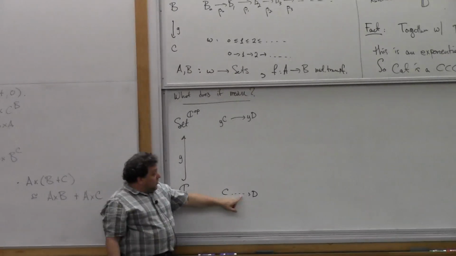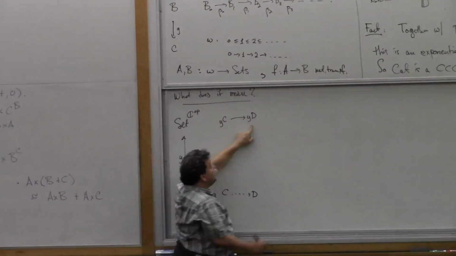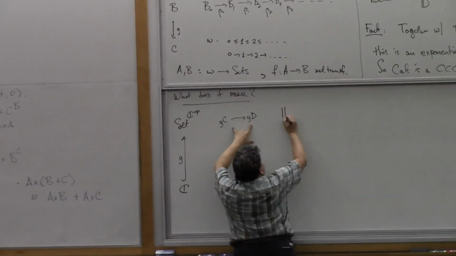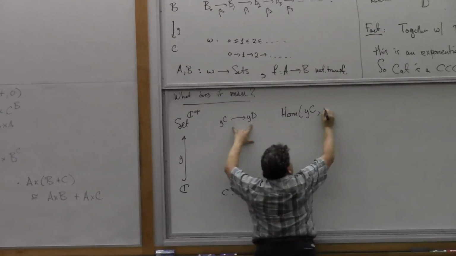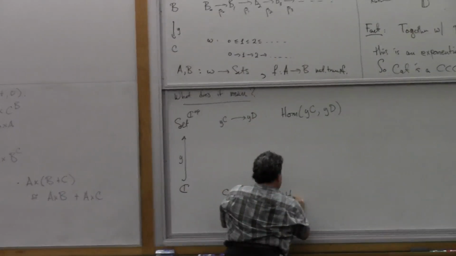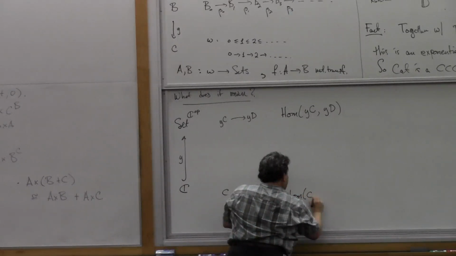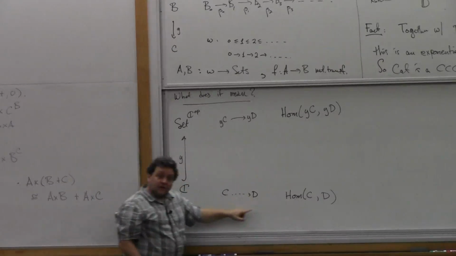So what we'd like to know is this. We'd like to know if there's any arrow up here between these two things, up in the functor category, then there must be an arrow down here between these two things. I'm just drawing a picture of that hom set. Yeah?